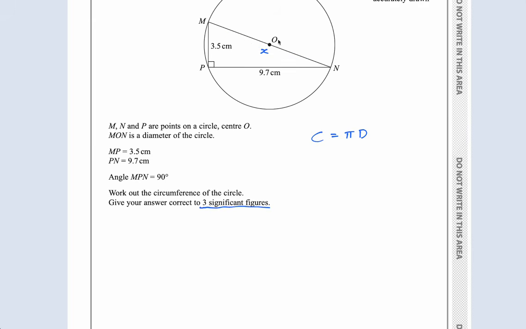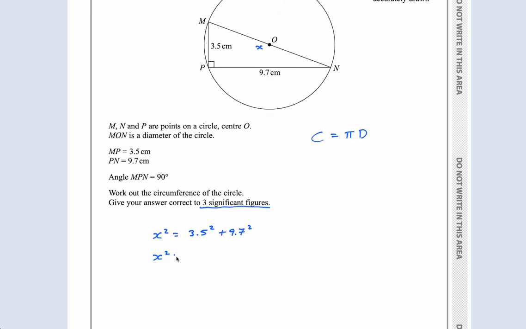And let me write it up here, guys, sorry. Well, whatever, this is x. Okay, x squared, this is Pythagoras, is equal to 3.5 squared plus 9.7 squared.